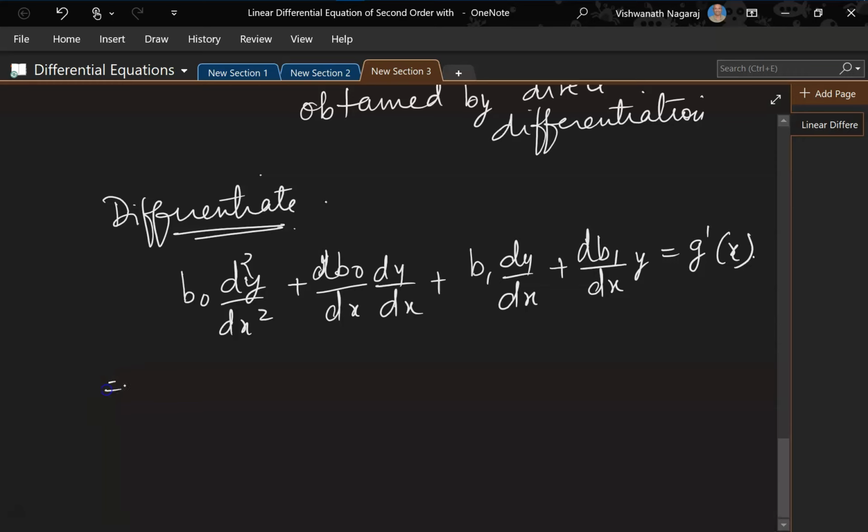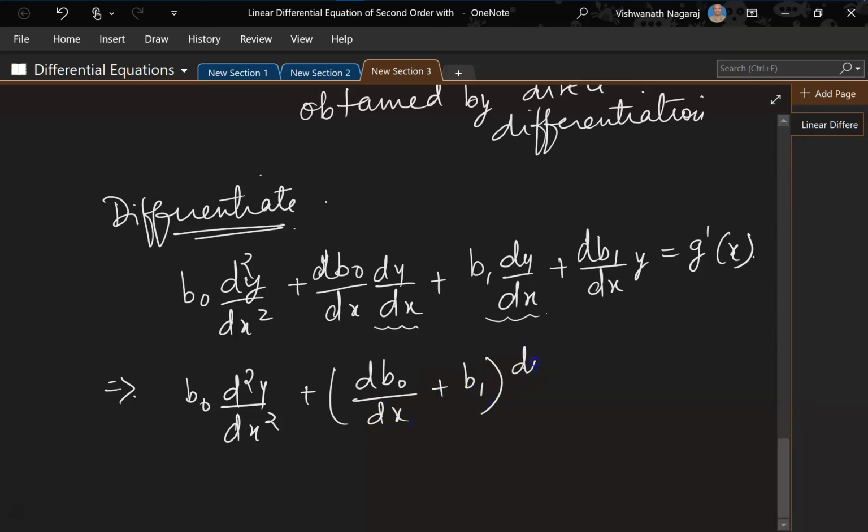Now let's rearrange this: b0 d2y/dx² plus (db0/dx plus b1) dy/dx plus db1/dx y is equal to g'(x).